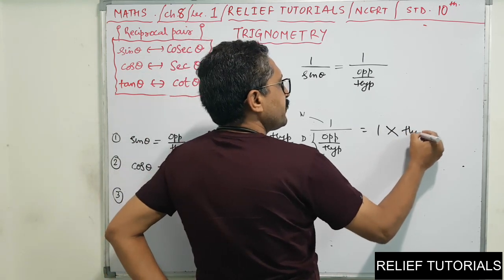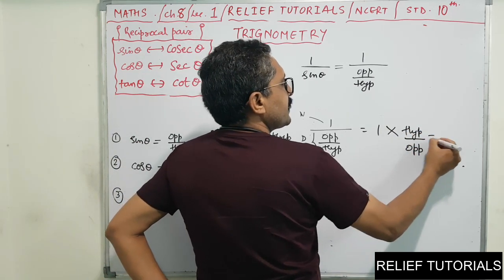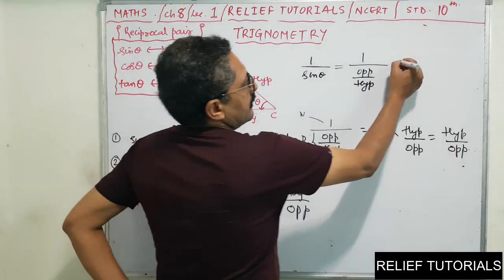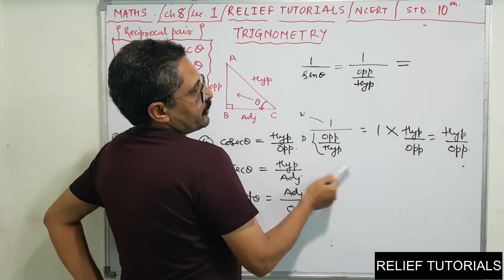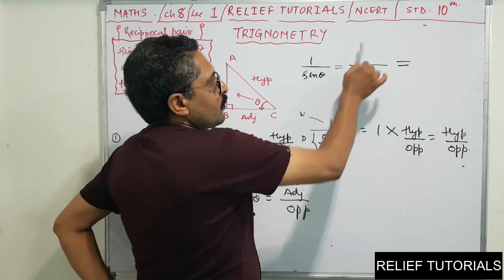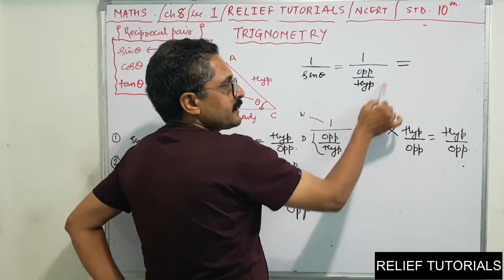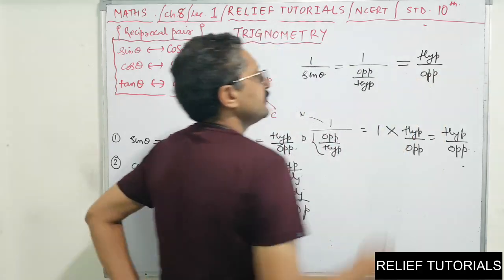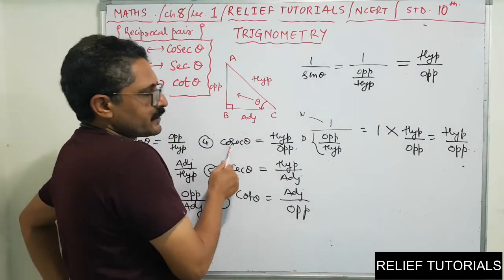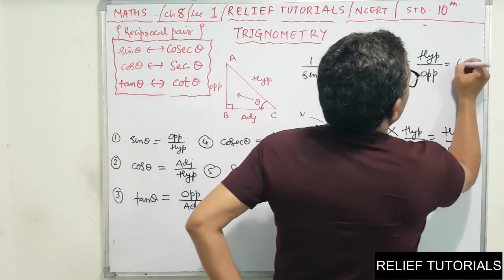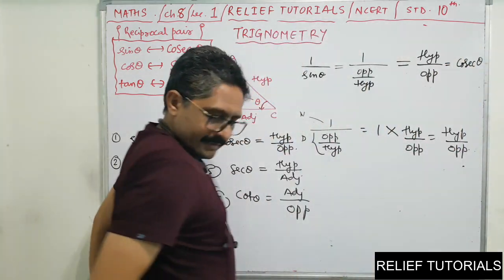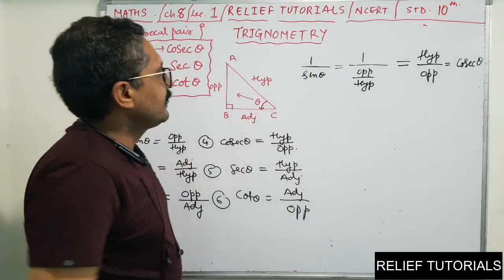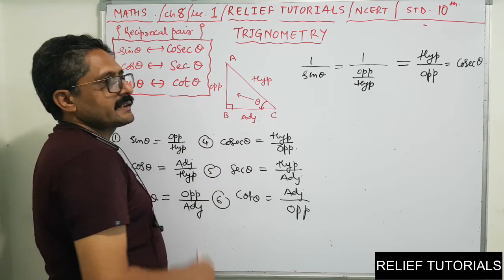So you write hypotenuse upon opposite. 1 upon opposite upon hypotenuse is hypotenuse upon opposite, and hypotenuse upon opposite is cosec theta. So in short, 1 upon sine theta is equal to cosec theta.